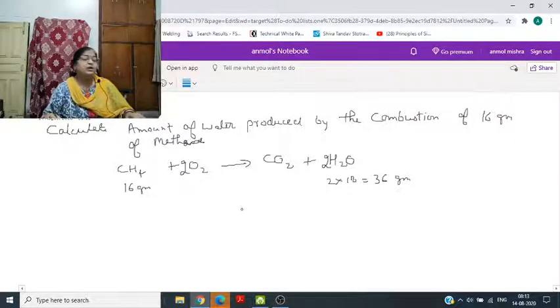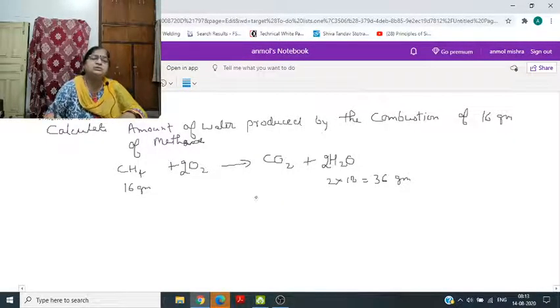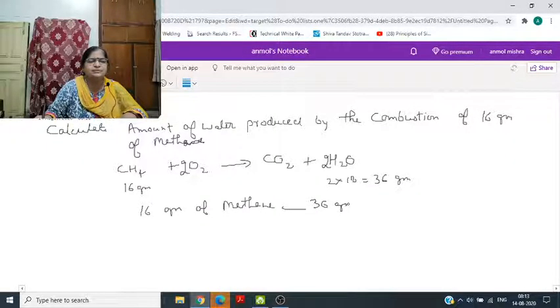Therefore, we have to find out the amount of water produced by the combustion of 16 grams of methane. So 16 grams of methane will produce 36 grams from the equation.